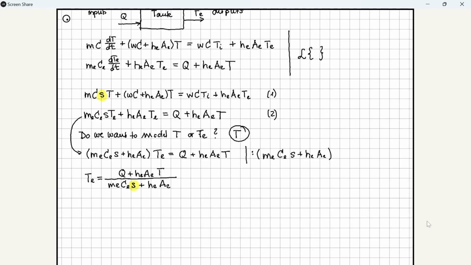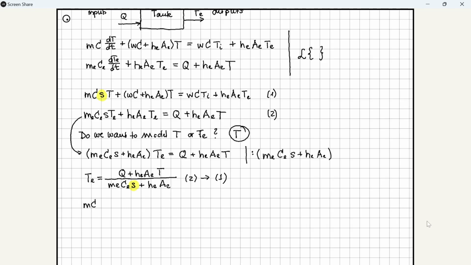Okay, so we can take this equation, this is equation number 2, and stick equation number 2 into equation number 1. So we end up with one individual equation, and this one is going to be getting longer. It's M times C, S times the temperature. So we're going to factor the temperature out.